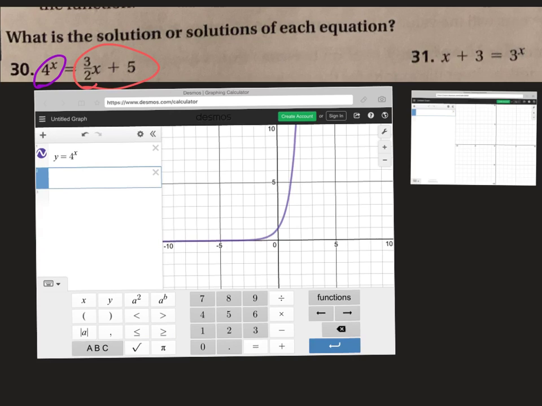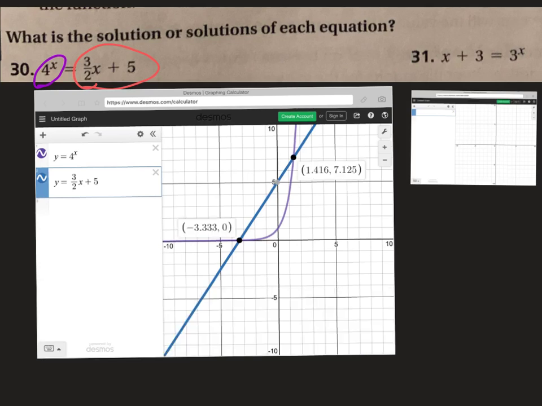And then I'm going to graph the second line separately. So that's going to be y equals 3/2 x plus 5. So you'll see here that it actually gives us 2 solutions.